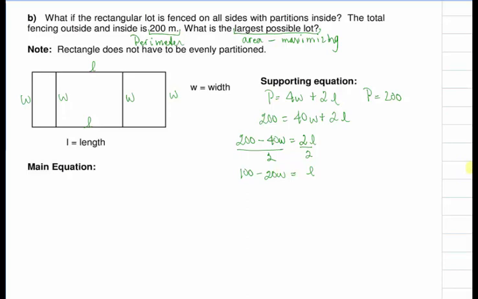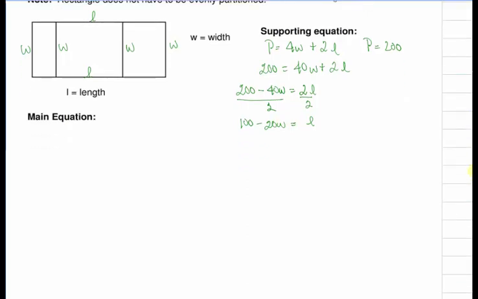So my main equation then, I am going to let W be the width, and I'm going to let 100 minus 2W be the length.